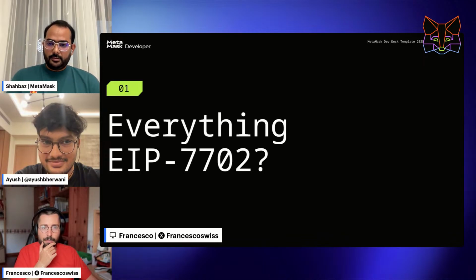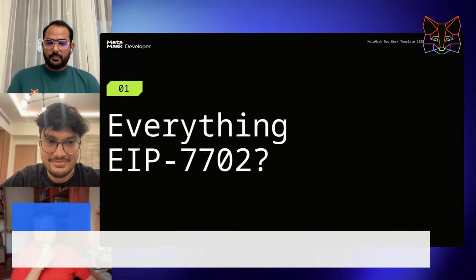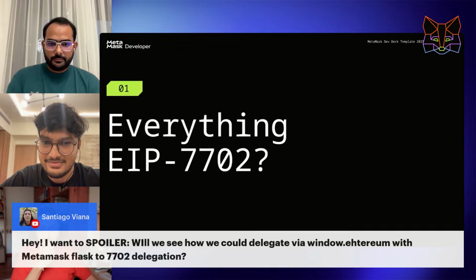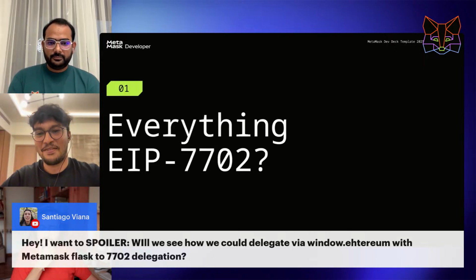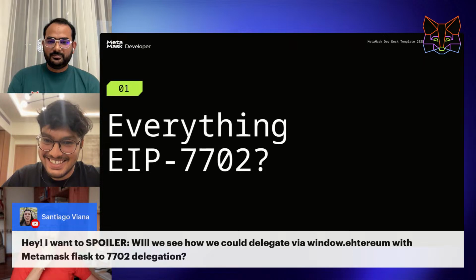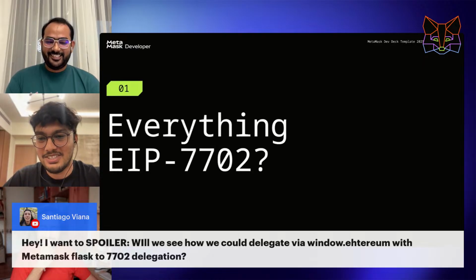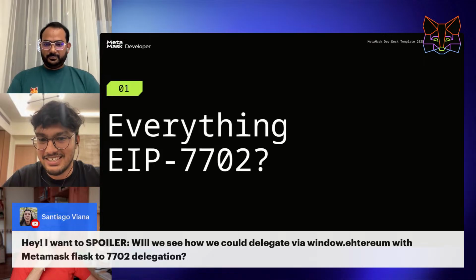We have a couple of questions here. You touched a bit on the delegation toolkit, Ayush. We have MetaMask Flask for 7702 delegation, so let me give some spoiler here. I'm sorry to disappoint, but we won't be seeing it. What happens in MetaMask Flask is that we have disabled delegation, so you cannot basically create a delegation.